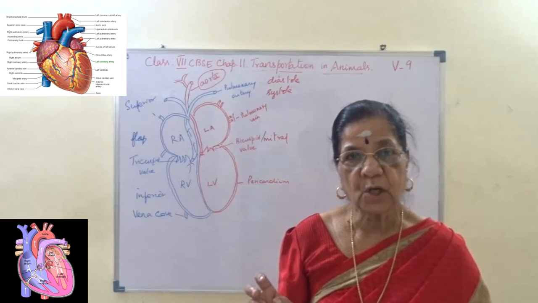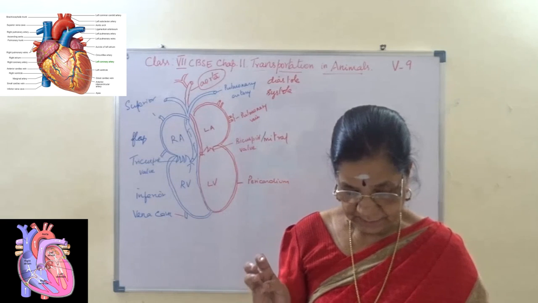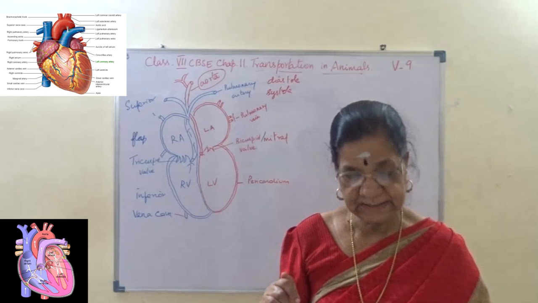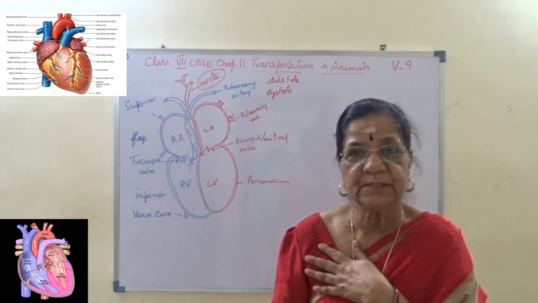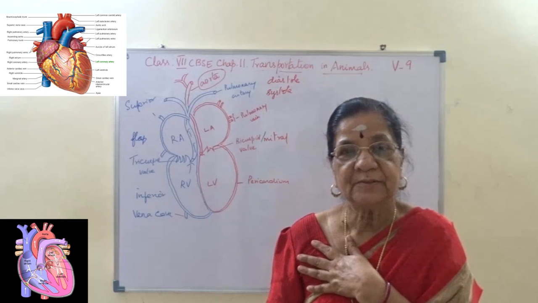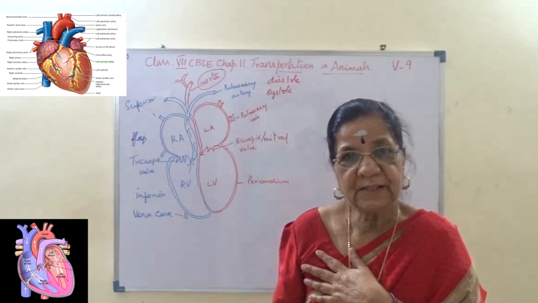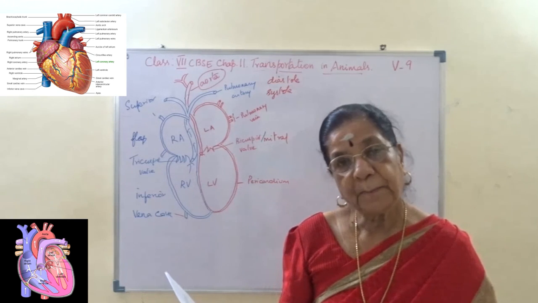These muscles contract and relax rhythmically, and this rhythmic contraction followed by relaxation constitutes the heartbeat. Get that? That is heartbeat. Okay, so now the next one, pulse rate.